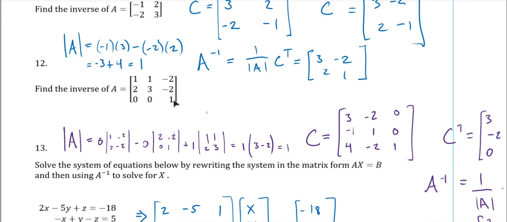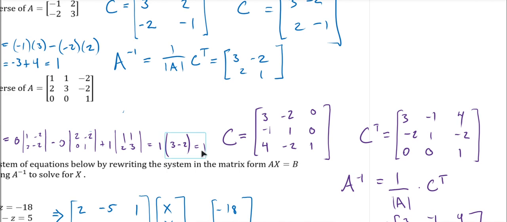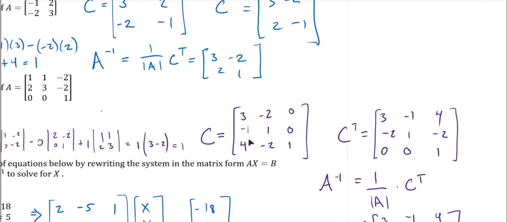Likewise, to find the inverse of this matrix, we could expand by rows to find the determinant. That's most easily done along the bottom row where there are all these zeros, because then we just have 0 times the determinant minus 0 times this determinant plus 1 times this determinant, which is 1, to give me 1 in total for my determinant of this matrix. Then we could also look at the cofactor matrix.